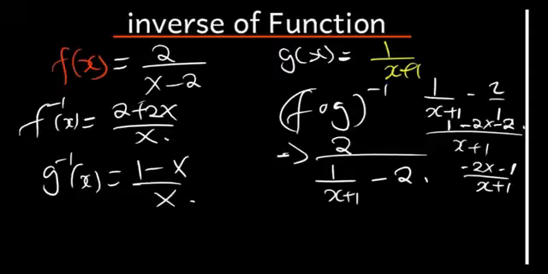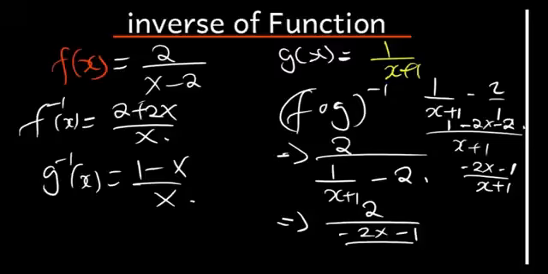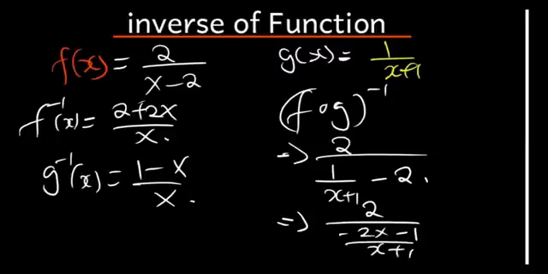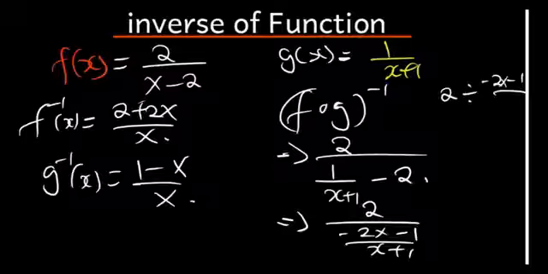This is what we're going to have here, meaning we have 2 divided by negative 2x minus 1 over x plus 1. So we have 2 on top divided by negative 2x minus 1, then everything divided by x plus 1.